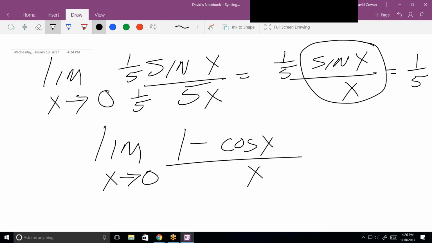In other words, if you do direct substitution here, you get 0 over 0, right? But this limit is 0, not 1. Different than the sine x over x. Sine x over x is 1. This is 0. And these are the 2 that they ask you to memorize so that they can give you the rest of these limit functions that have trig functions in them.